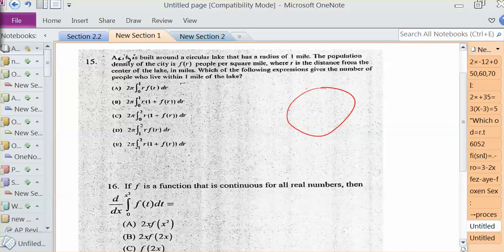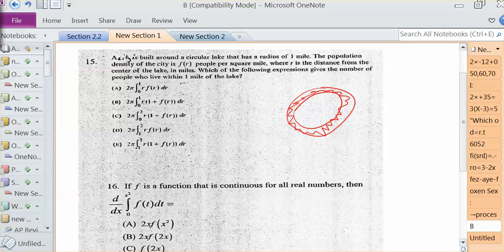So this is what population density is saying. They're telling you to find the population in that rim, because you're living around a lake, right? And it's a circular lake, and the people are not going to live on the lake, or they would drown, unless they have a house built on the lake, which I guess you could have.